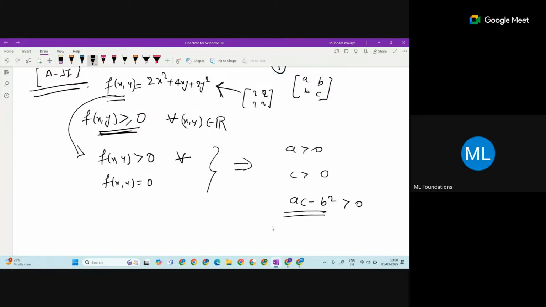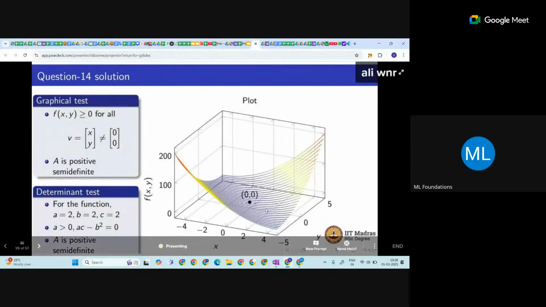This is what it is, no? This is to check whether the function is positive definite or not. How does it look on the graph of positive definite? The graph is this one here.